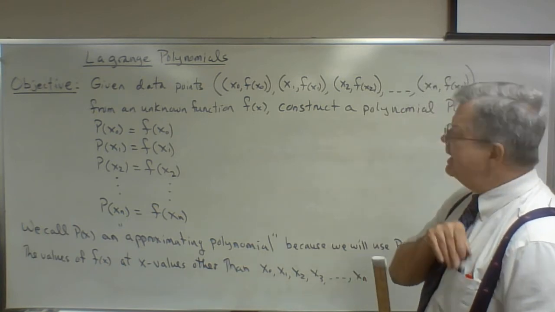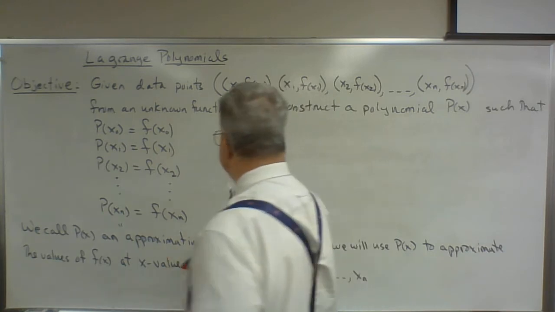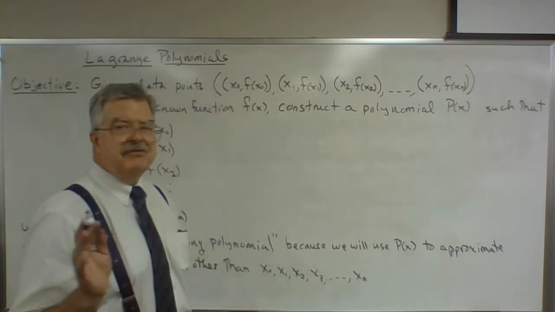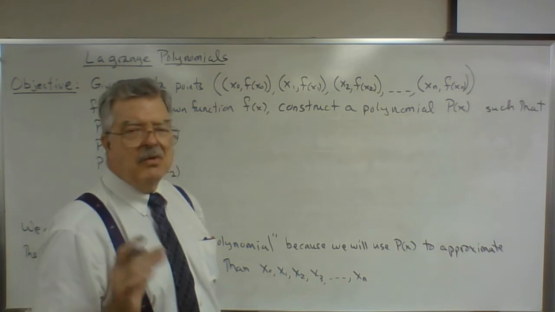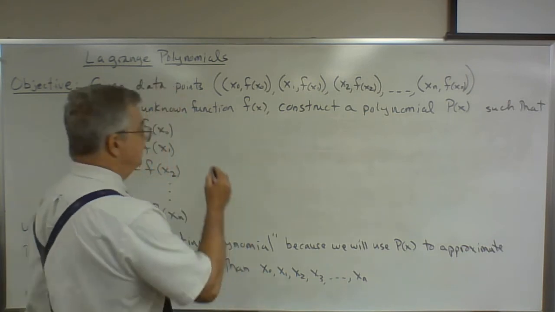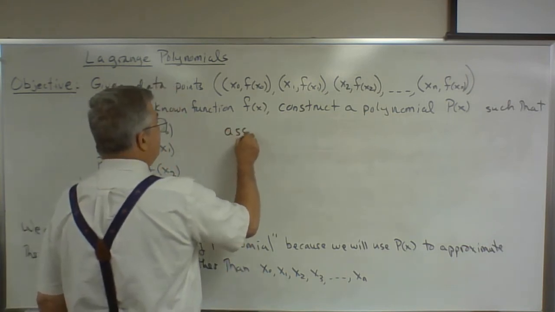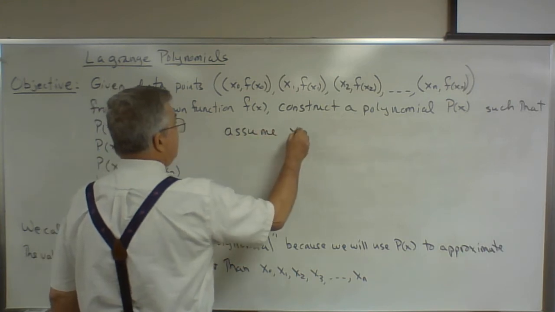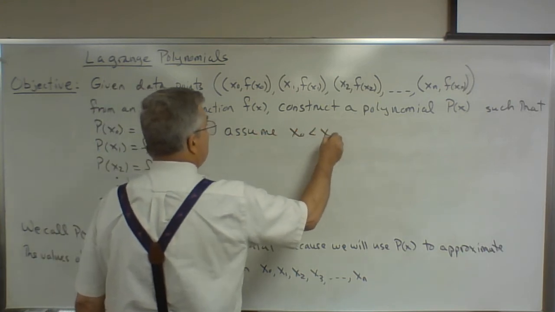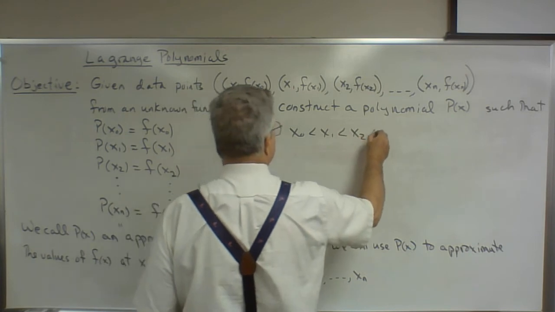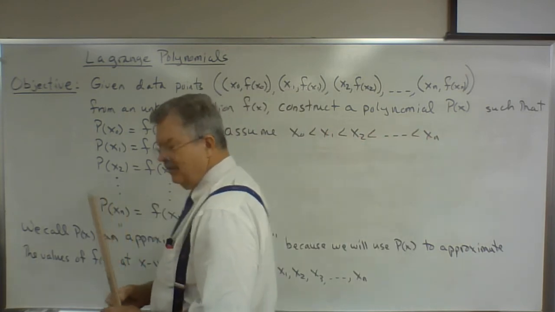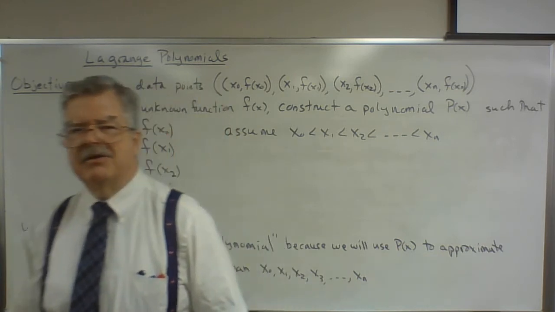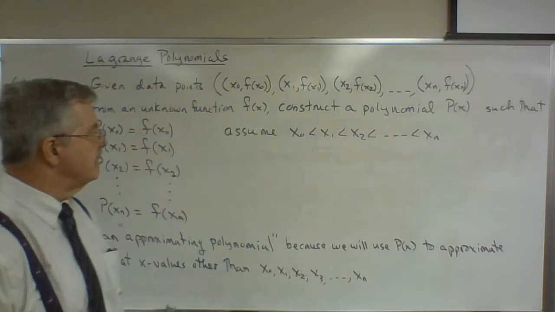And we'll make some assumptions. Just for the sake of simplicity, I don't think these have to be enforced, but just for the sake of simplicity, we'll assume x naught less than x1 less than x2. So we'll assume that the x values are in ascending order.